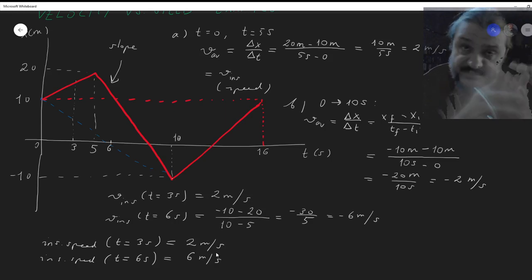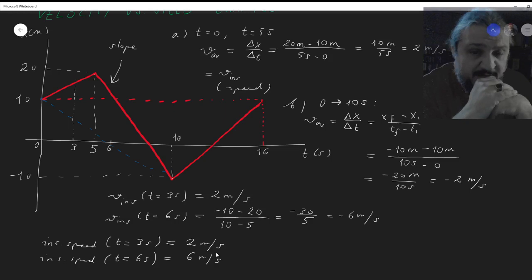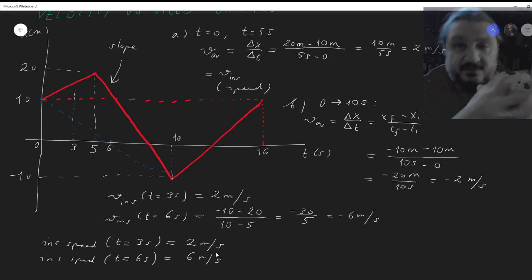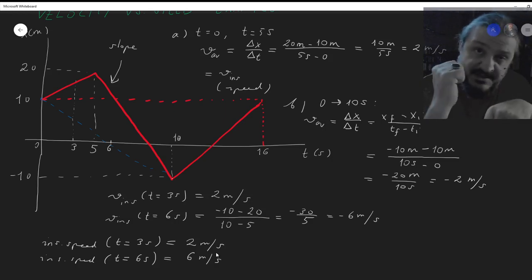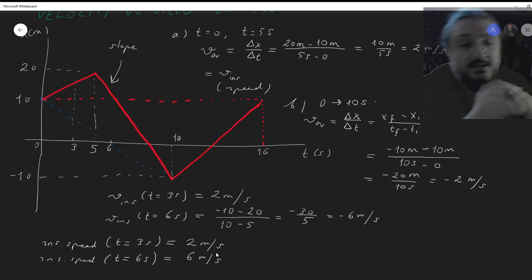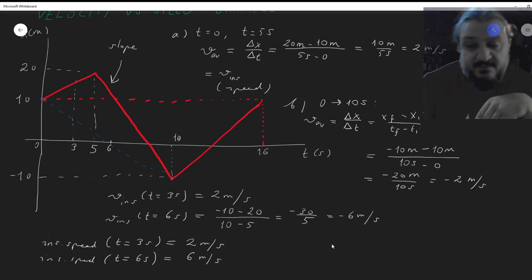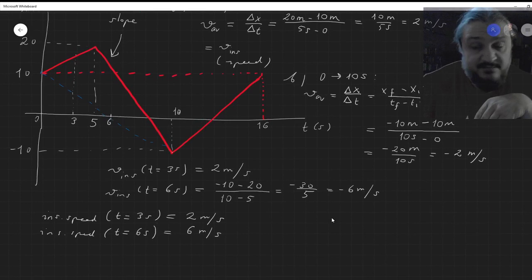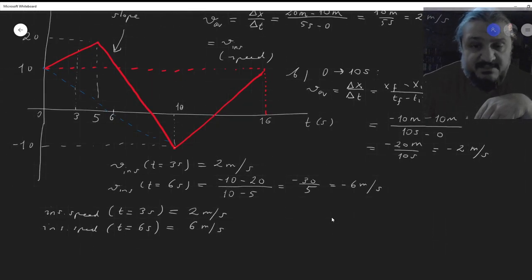It doesn't matter which direction you're moving. Now, a negative sign for velocity means you're moving in the negative x direction. Positive, right? So, speed can't tell you that. It's only velocity.